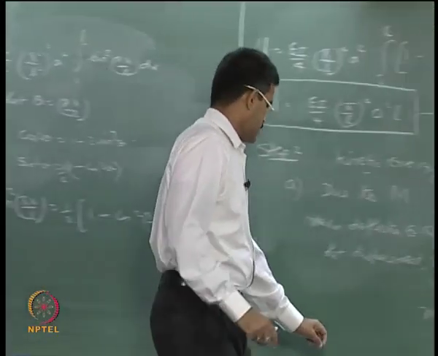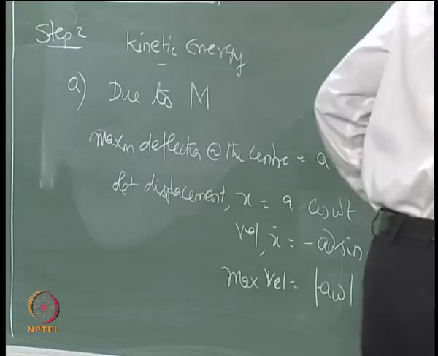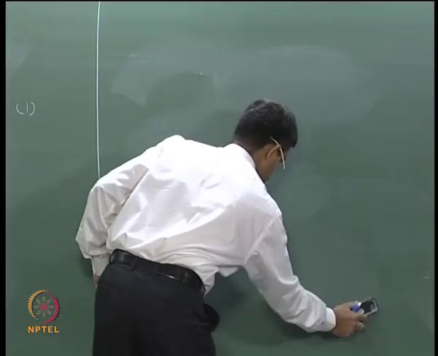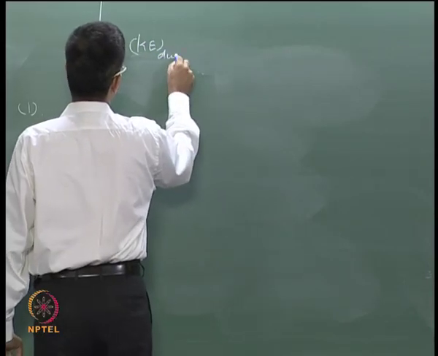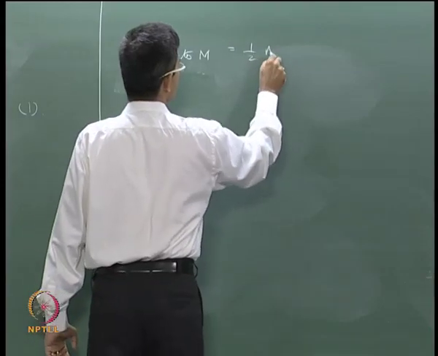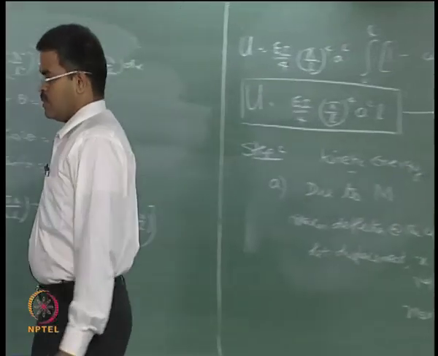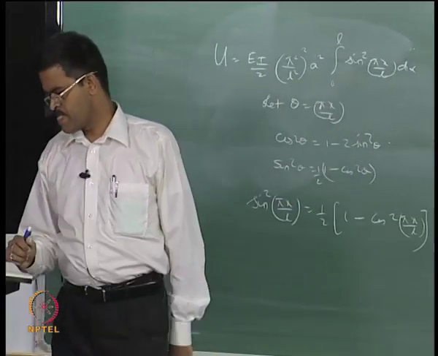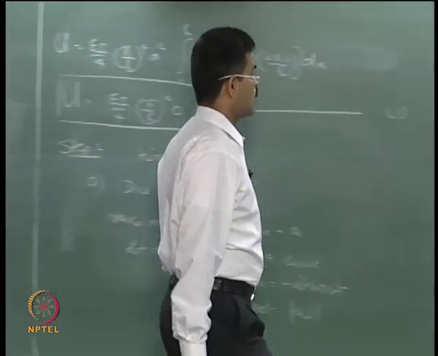Therefore, the kinetic energy due to this mass M can be simply half M v square, which can be half M A square omega square.